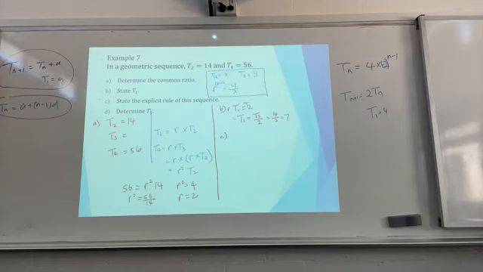The explicit rule is Tn equals A, which is 7, times the ratio, 2, to the power of n minus 1. See, if I put n equals 1 in, 2 to the power of 0 is 1, so 7 times 1 is 7. This is how you think about it.